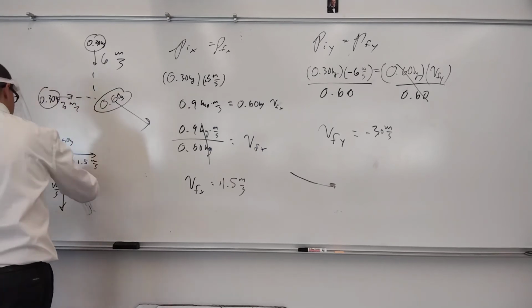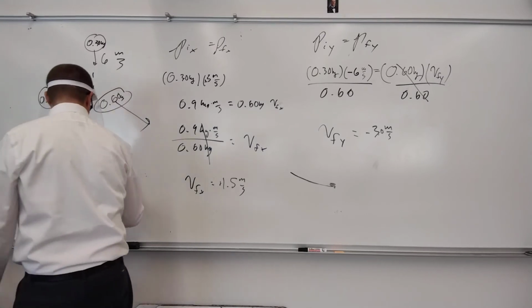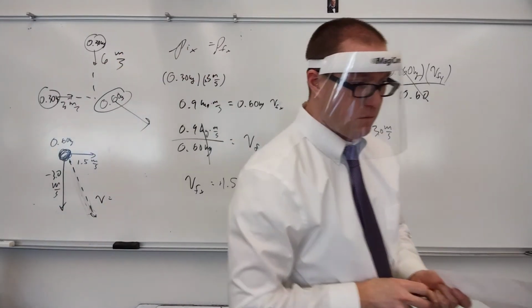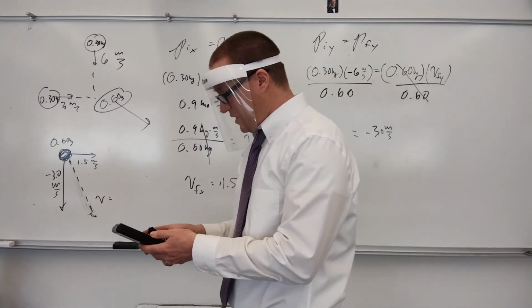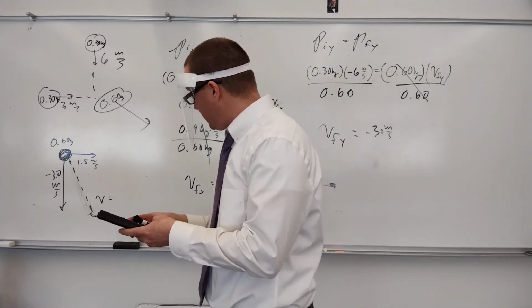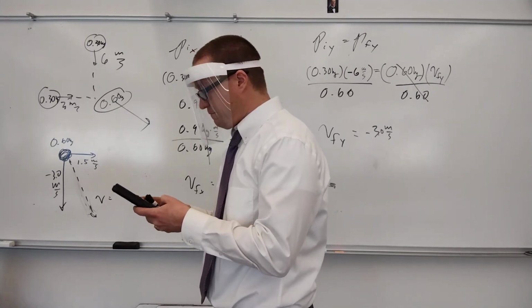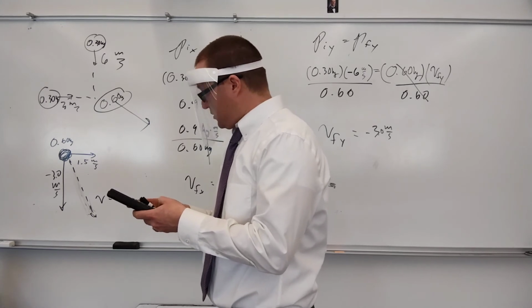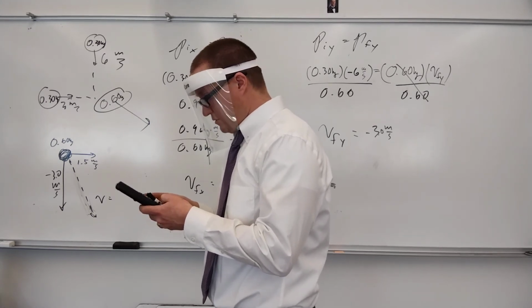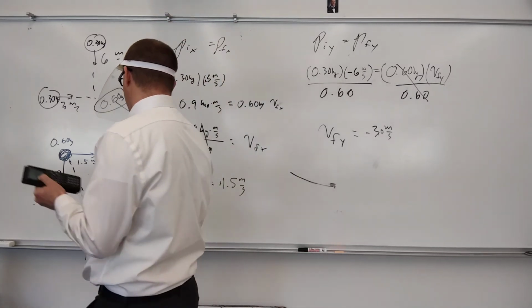So the final speed of the object is, again, Pythagorean theorem. We have to do the two components. The final speed is the square root of 1.5 squared plus 3 squared. Oh, shoot, this one doesn't put the parentheses on it. I got used to that now. So about 3.4 meters per second.